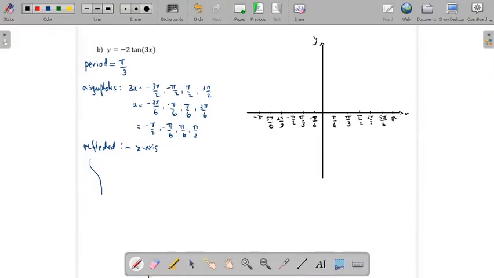Okay, so let's then mark in our asymptotes. We've got here at plus or minus pi on 6, and then at plus or minus pi on 2.